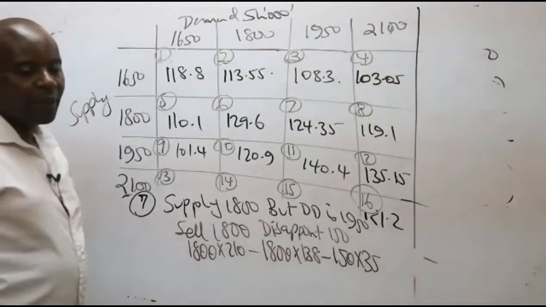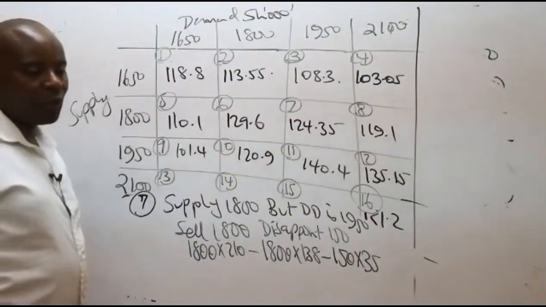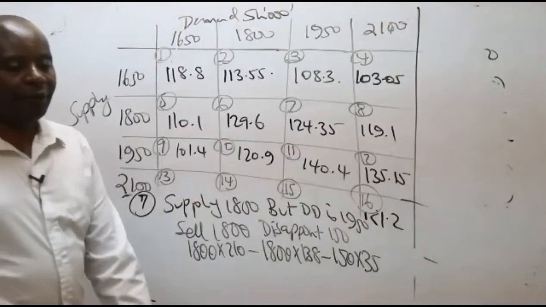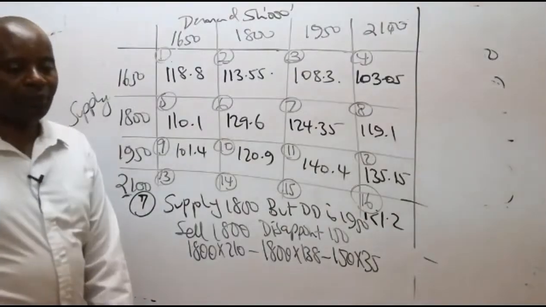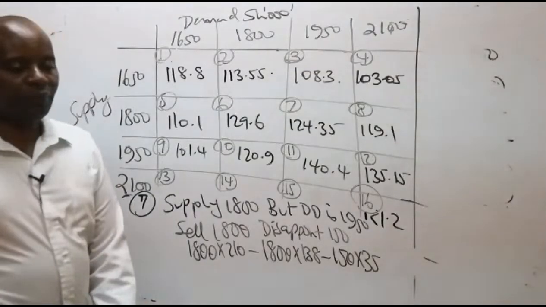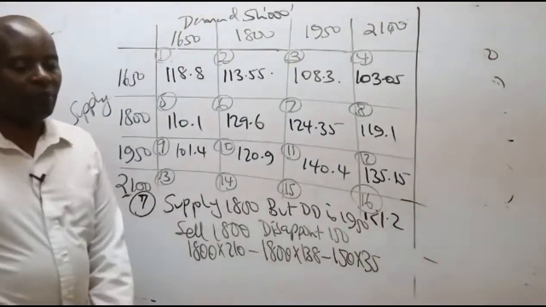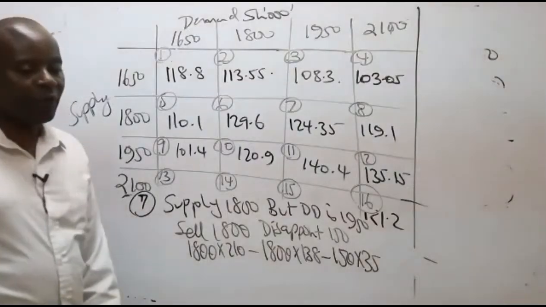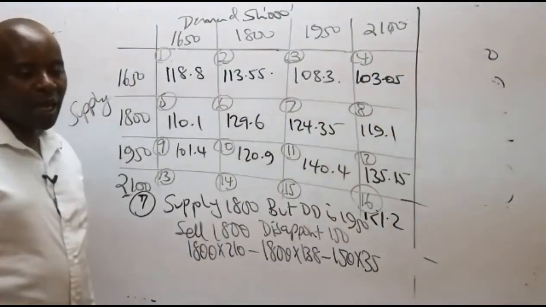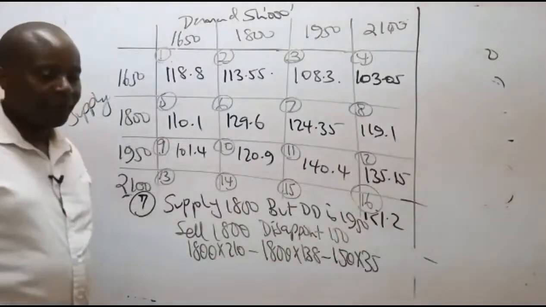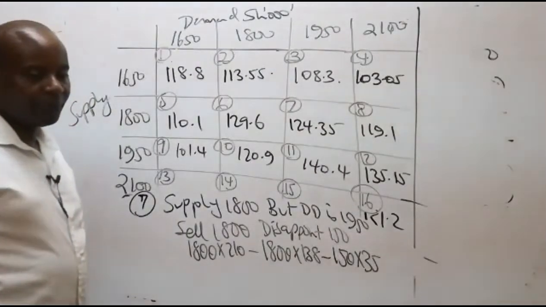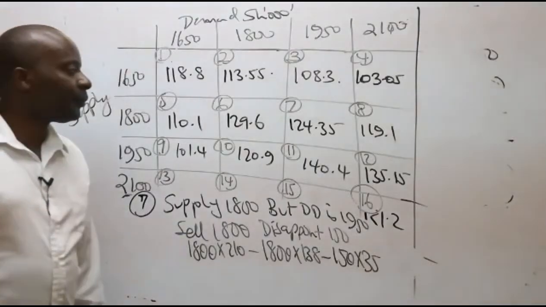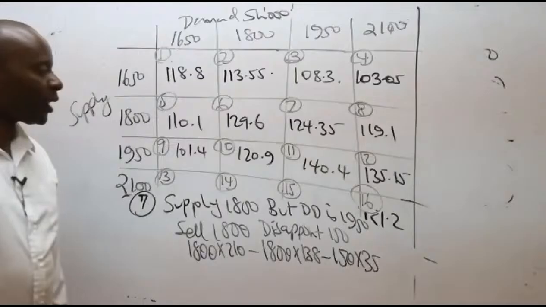Kindly confirm that cell number 7 is, rather, 124.35. Please confirm very fast. Time is not on our side. Just use your calculator. If it's not correct, tell us it's not correct.